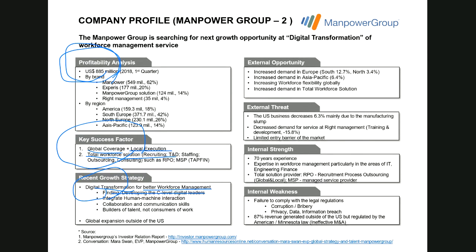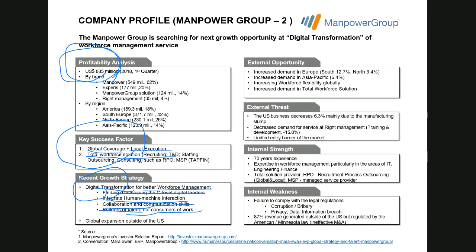They integrate human-machine interaction, collaboration and communication skills, and they are builders of talent, not consumers of work. They use a lot of advanced technology to manage people. That's their recent strategy. Can they do it? Absolutely, they are doing that.